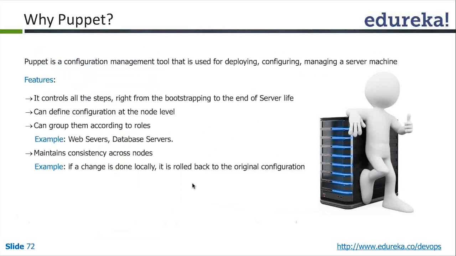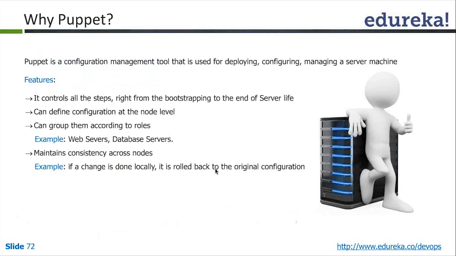So what I want to tell you here is this line: if a change is done locally, it is rolled back. Imagine I made a change in my configuration file in etc, pointing to a different DNS. After I've made the change, you can go back and see that if Puppet was installed, it will quickly restore the old configuration.